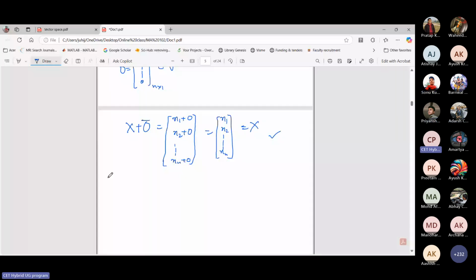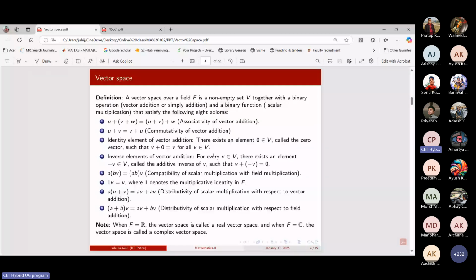The fourth property is that we have to show, for any given vector v, there exists an element minus v in V, which gives v plus minus v is equal to 0.